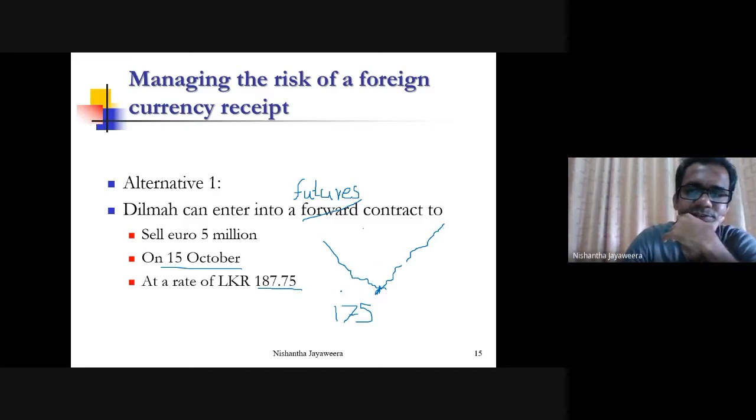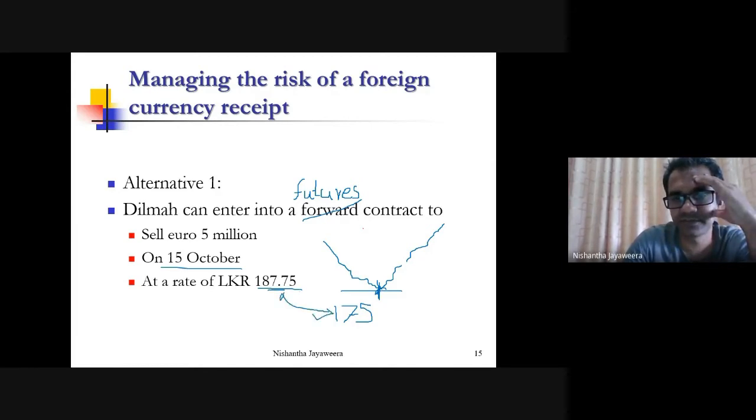If you want, you can buy a futures contract here at 175 and book the difference between 187.5 and 175 and keep your position open now.